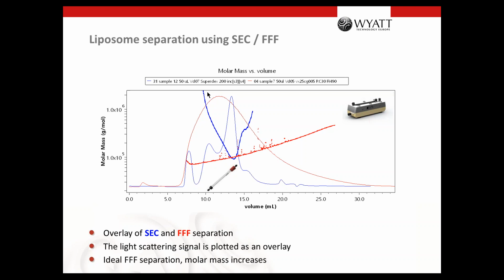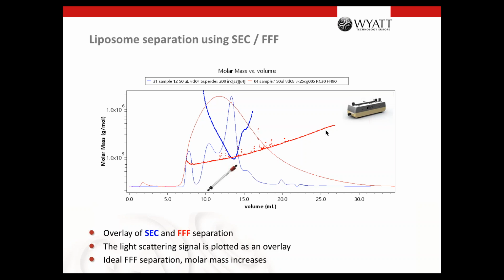Here with this other SEC run, you see again that the behavior of the sample on the SEC column is very strange. You see the blue line comes from a high molar mass, goes down, and goes to high molar mass again. That is most of the time due to co-elution from the bigger particles. But in FFF, we do not see that.